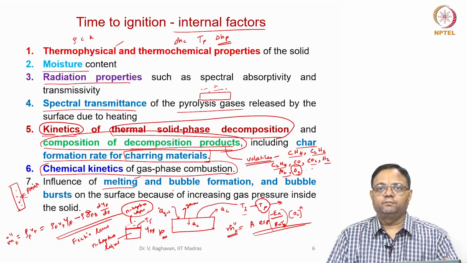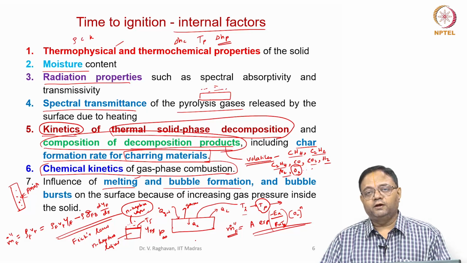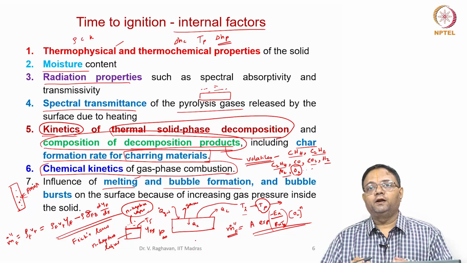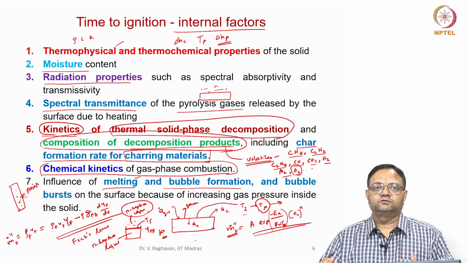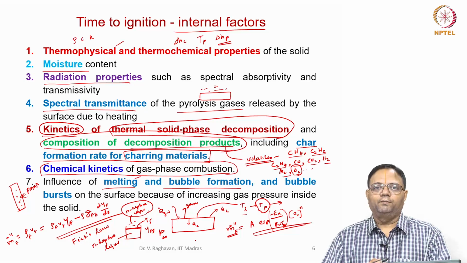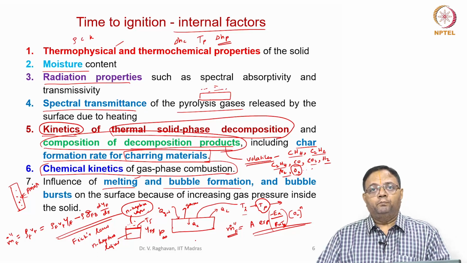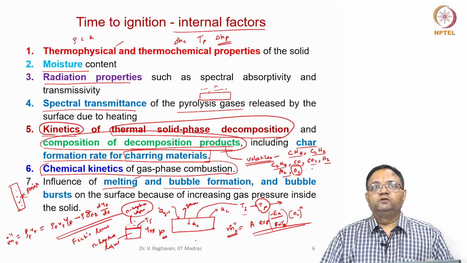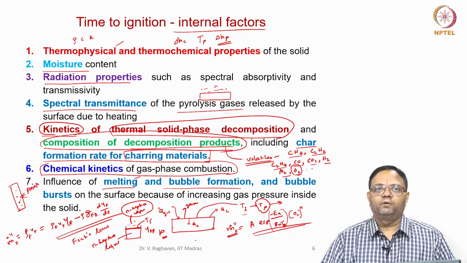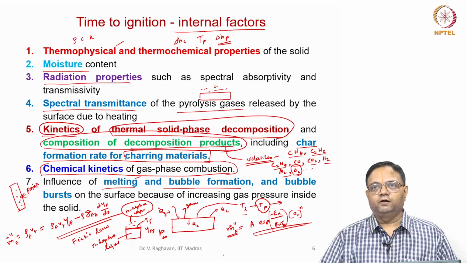When the temperature reaches the melting point, it can melt, but the bubble formation etc. can be due to impurities, can be due to some moisture which is there in the plastic itself, which can evaporate and form a bubble, and the bubble can burst. So, that means there will be very complex phenomena for pyrolysis when this occurs. So, the pyrolysis process itself, which is going to affect the ignition, has a lot of complexities. So, based upon several factors, the pyrolysis has to be understood.